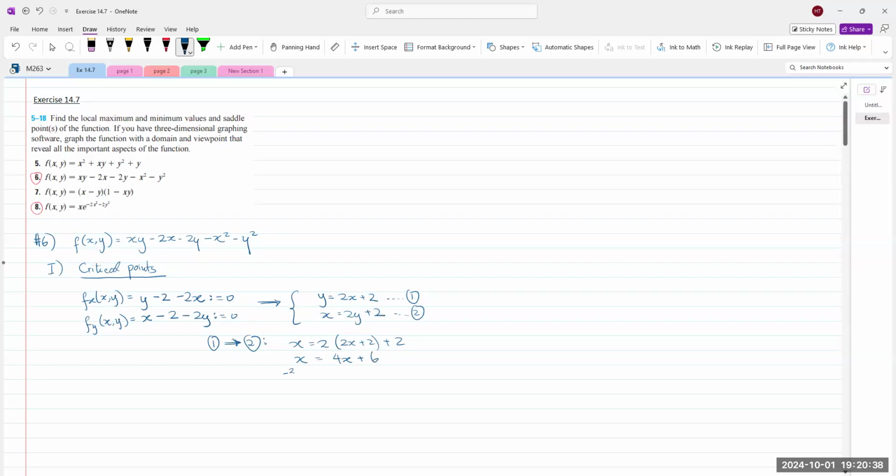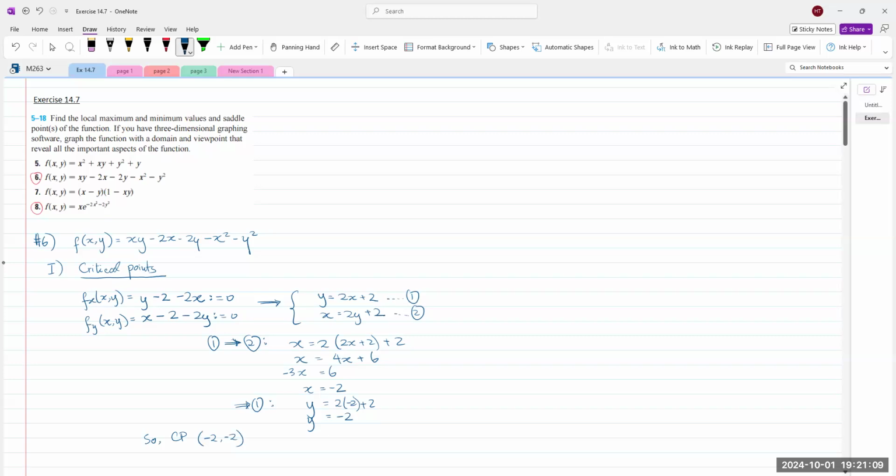So negative 3x equals 6, x equals negative 2. And when I plug that into equation 1, y equals 2 times negative 2 plus 2, y is negative 4 plus 2, that's negative 2. So the critical point is negative 2, negative 2.